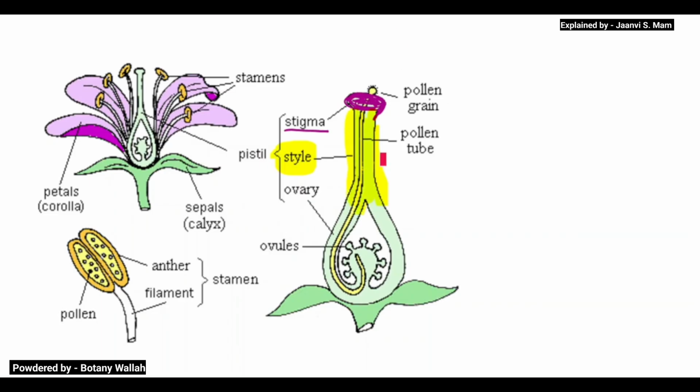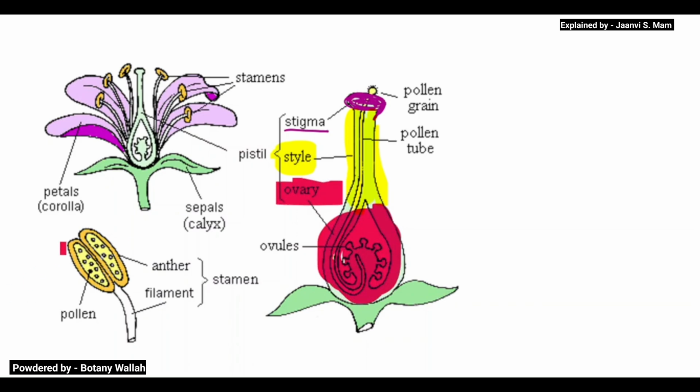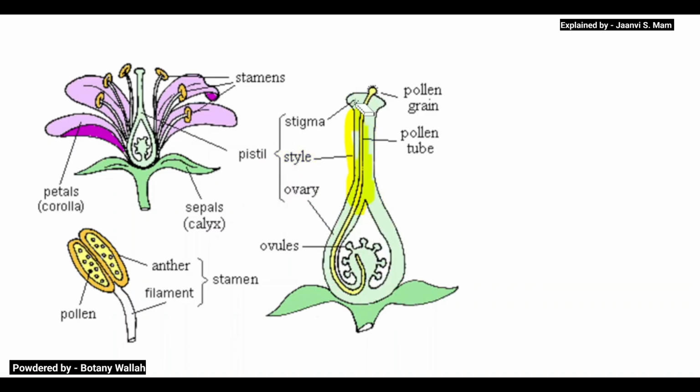And the red portion which I am coloring is known as ovary. So there are a total of 3 parts: the first part is stigma, then the second part is style, and the third part is ovary.